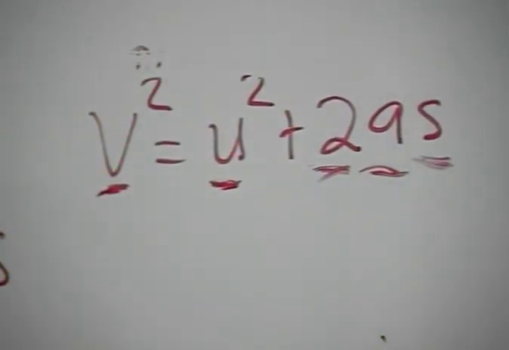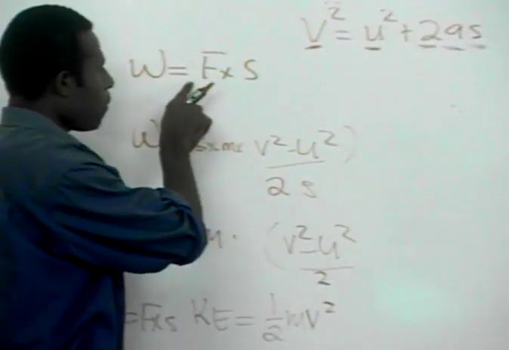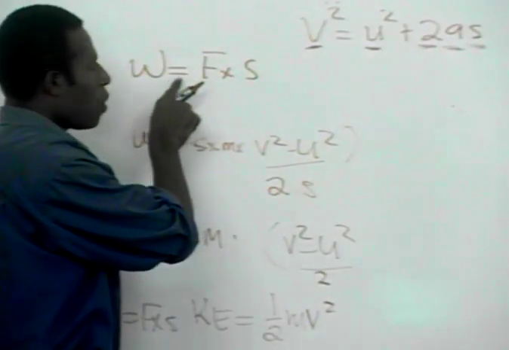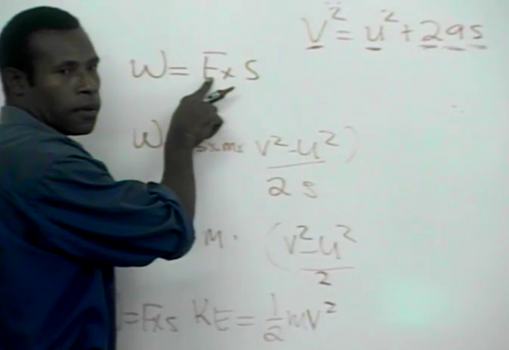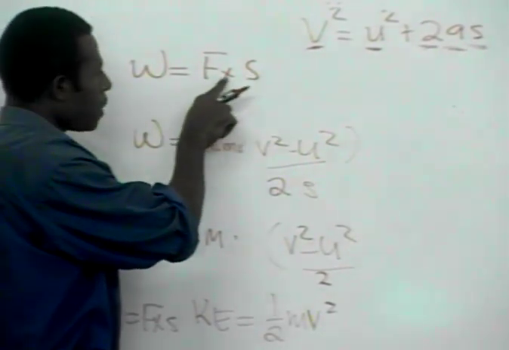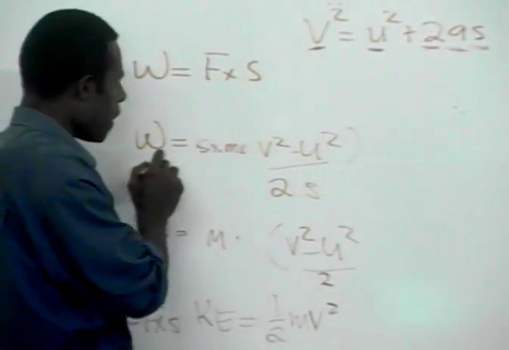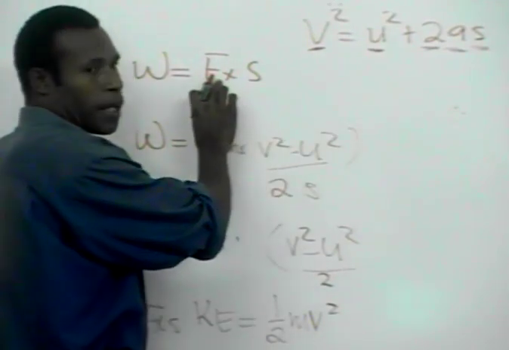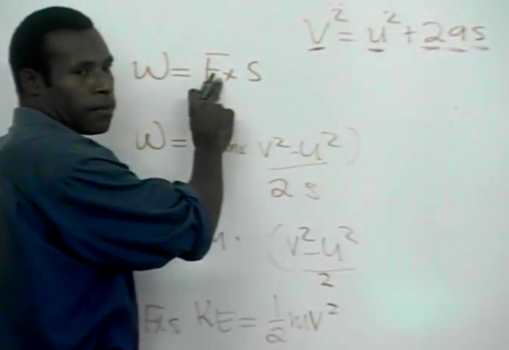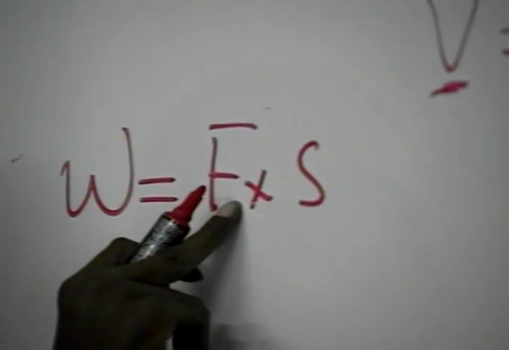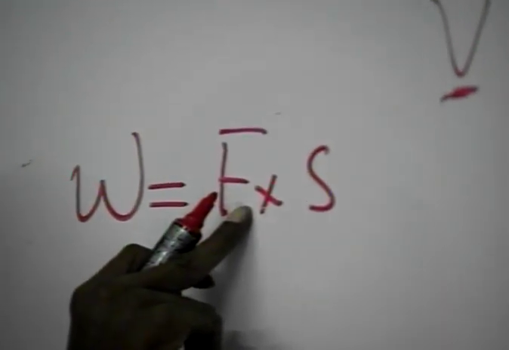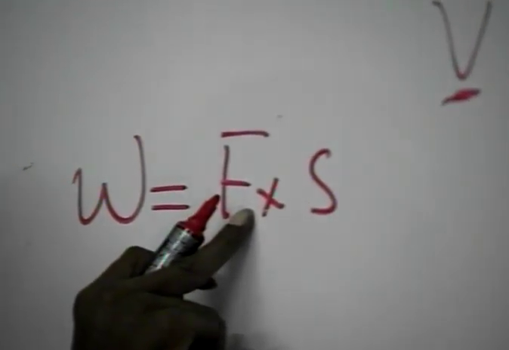Simply, we look at the first one: work equals force times distance. And where does force come from? It is from the mass and acceleration.